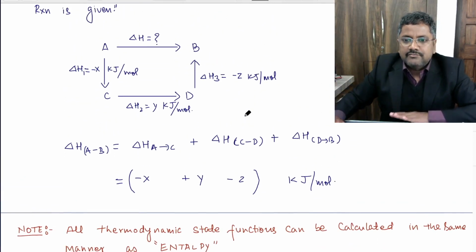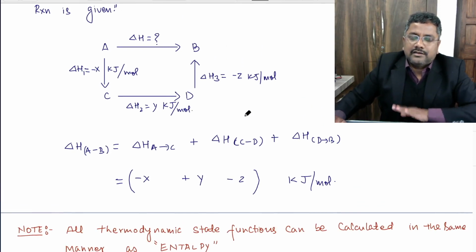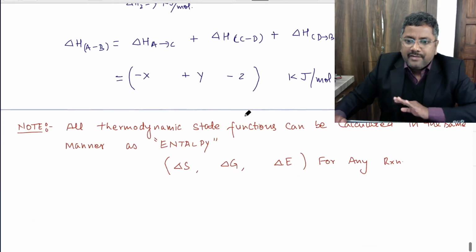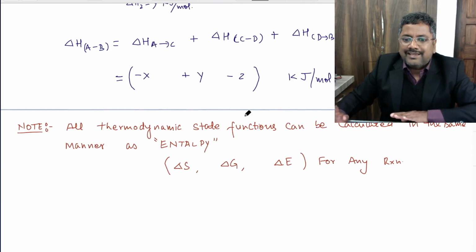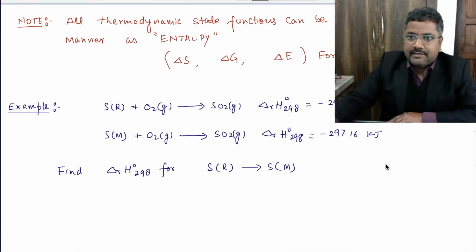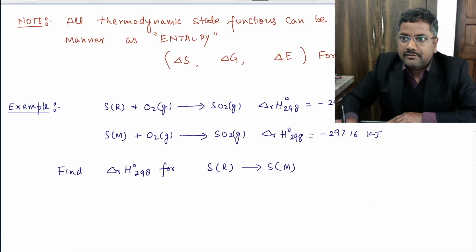This is a very simple law, and very easily you can evaluate different enthalpies. Now, depending on the nature of the reaction, we have different enthalpies, right? Now, see one example I have framed on this concept.